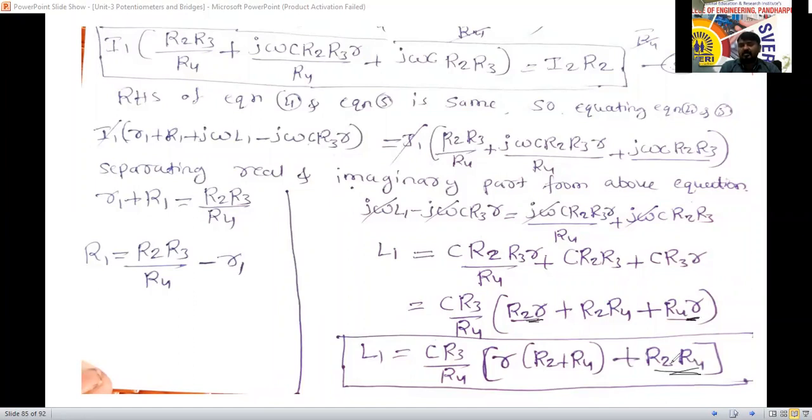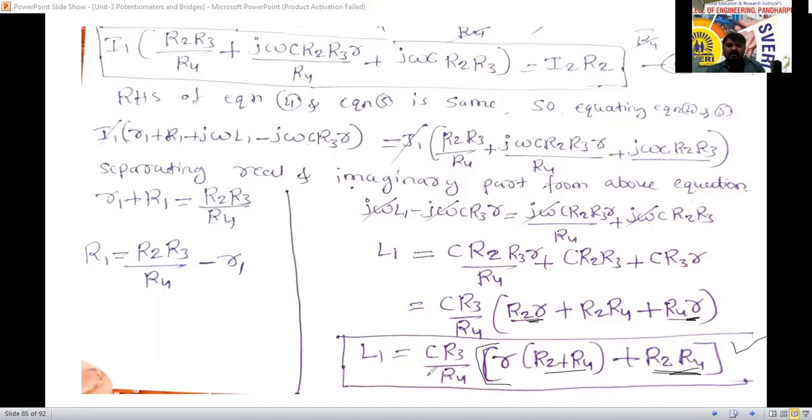You can write L1 equal to C R3 divided by R4 into square bracket, R into R2 plus R4, plus R2 R4. Here R2 R4 is taken, and here also R2 R4. So this is the final equation of the unknown inductance here.